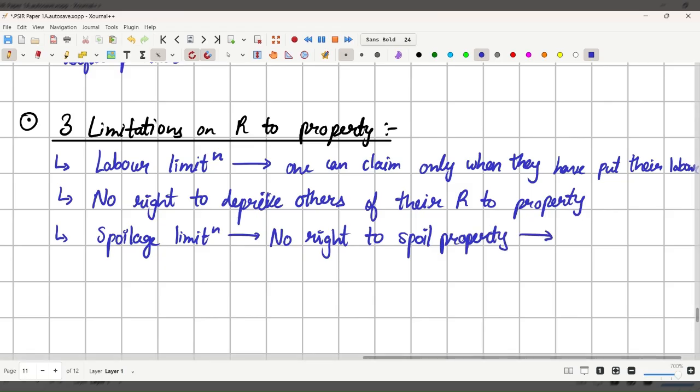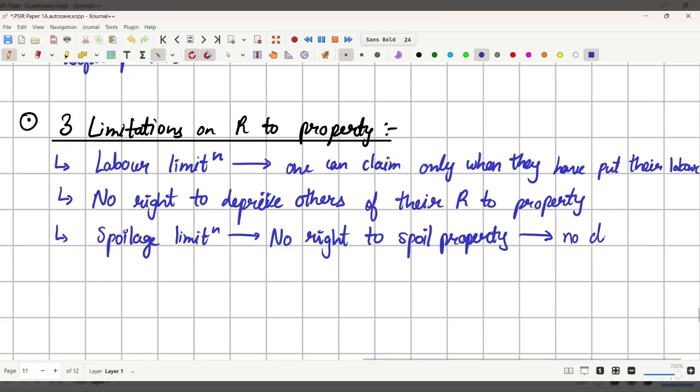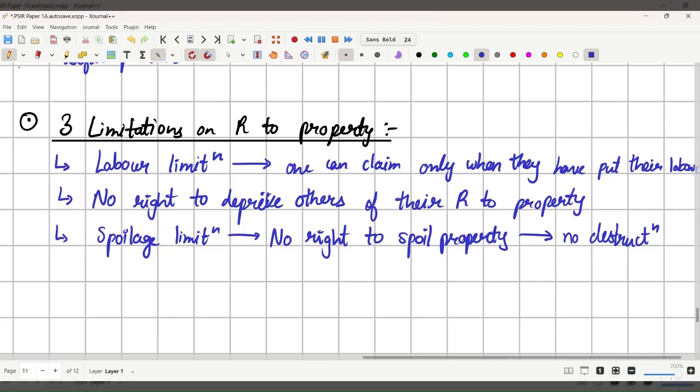Which means one should not take more than they can use. If property spoils before it can be consumed, it is considered an unjust appropriation. And also no destruction of property, basically. So these were his three limitations that he put on the right to property.